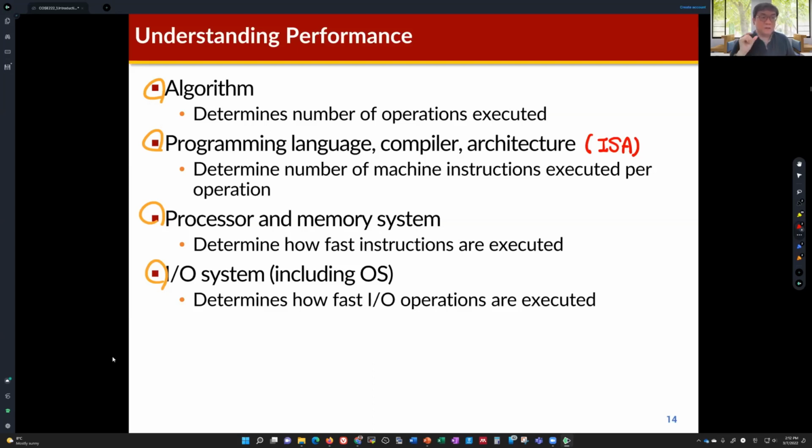And then if this program is compiled and then executed on the same computer system, like the same computer hardware, the performance is actually different. C is much faster than Python. So programming language also determines the performance of our computer application.